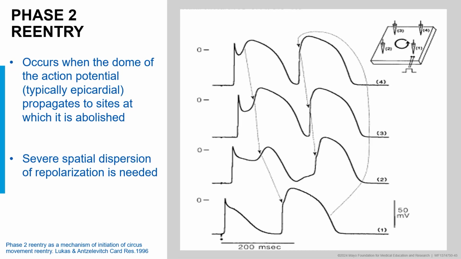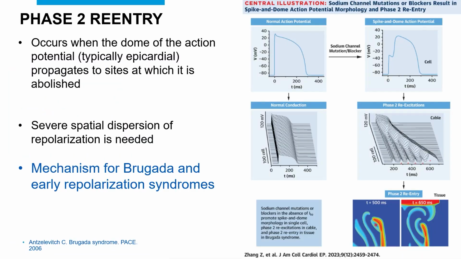So you're having reentry occurring in phase 2 of that action potential because the repolarization is happening at a different timing. So phase 2 reentry, multiple different layers of cells or diseased cells where repolarization is happening at different times. We call that spatial dispersion of repolarization.